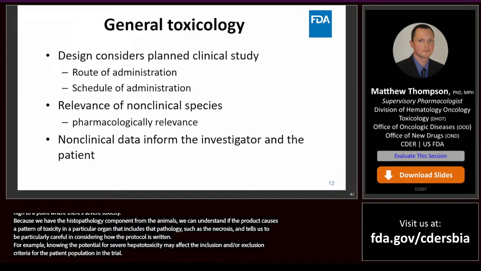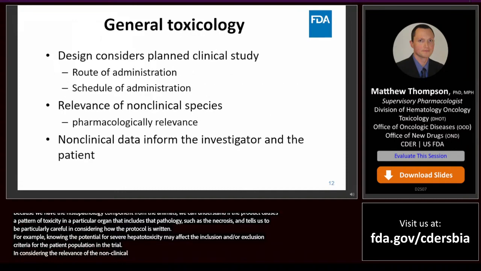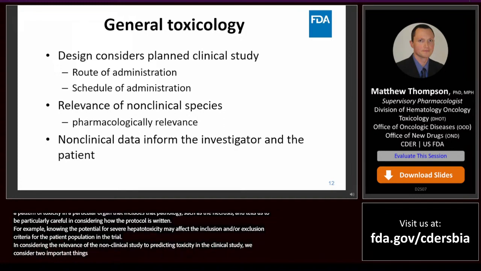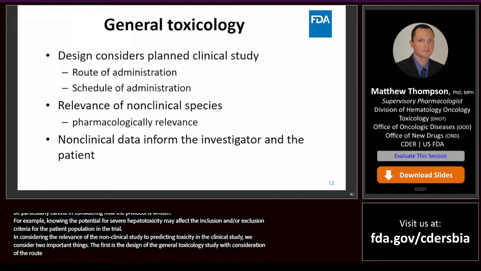In considering the relevance of the non-clinical study to predicting toxicity in a clinical study, we consider two important things. The first is the design of the general toxicology study, with consideration of the route of administration and the schedule. And we're looking for that to be consistent with the clinical study.